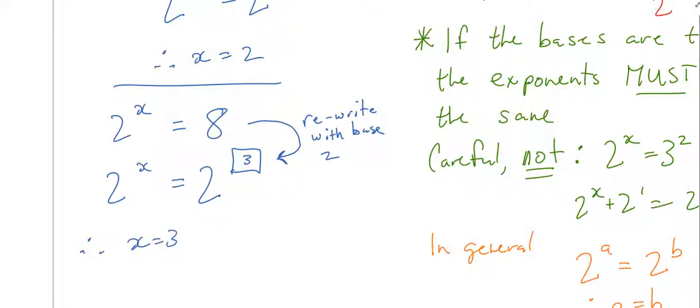And I'm going to tell you why we say therefore. If you don't agree or don't like it, that doesn't matter. You got to do it anyway. We say therefore because we didn't do an operation to go from that step to that step. We're just using this idea that if the bases are true, the exponents must be true. And in mathematics, when you don't do an operation, you're just drawing a conclusion, we say therefore.